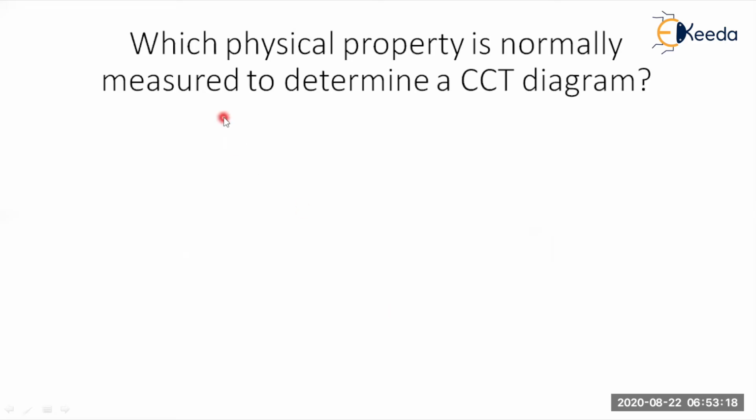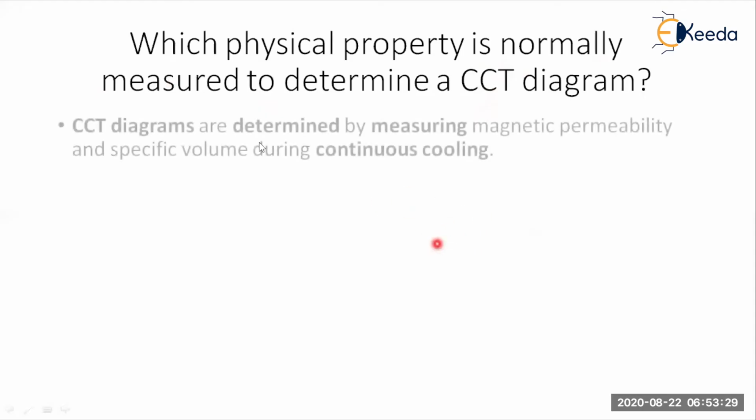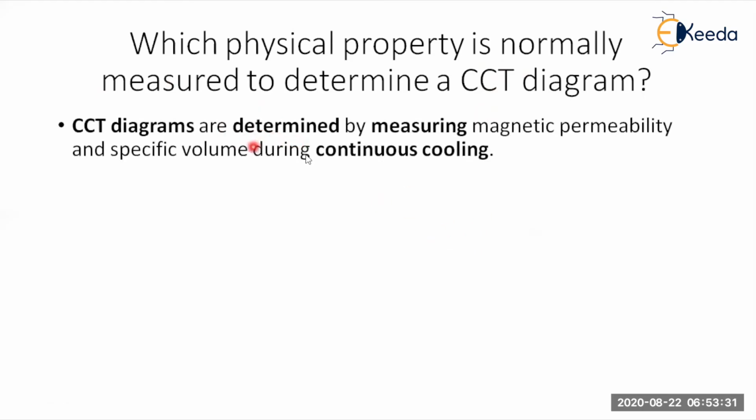Now, what physical property is normally measured in the CCT diagram? The CCT diagram is determined by measuring magnetic permeability and specific volume during continuous cooling.